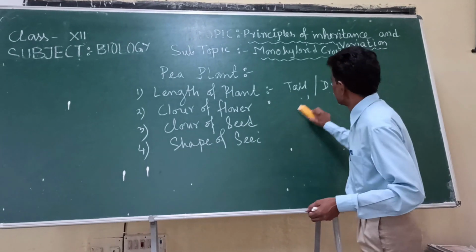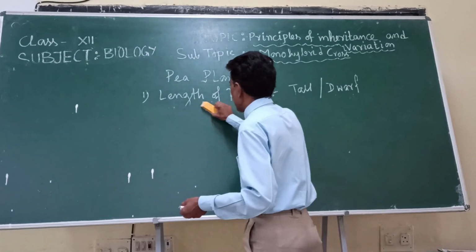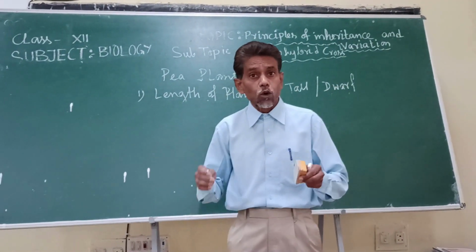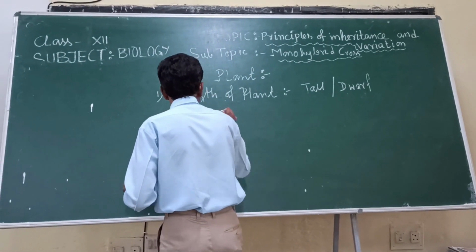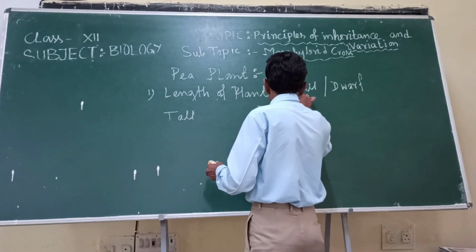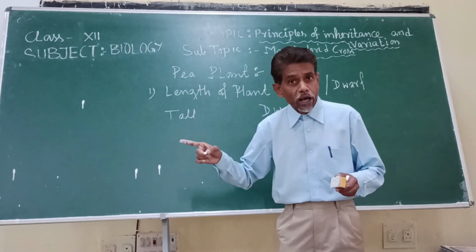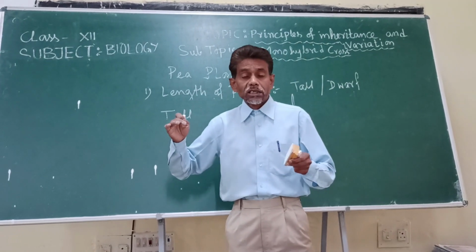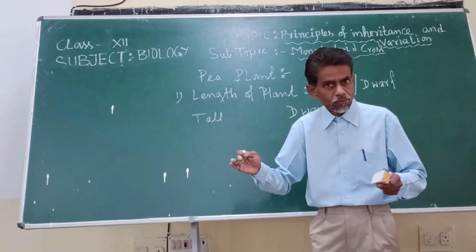Before he conducted the crossbreeding experiment between tall and dwarf, he tested the purity, whether the tall is a pure line or not. How? By self-pollinating the tall plant for several generations.